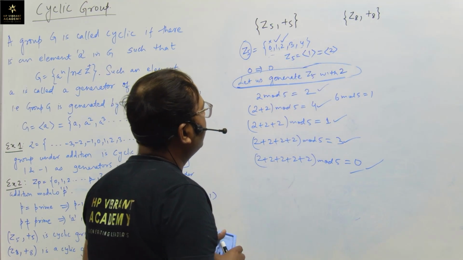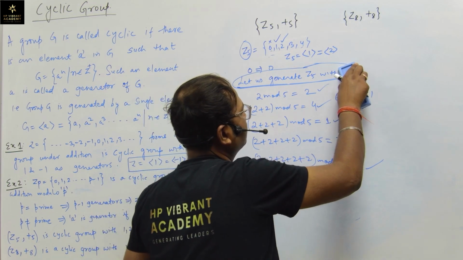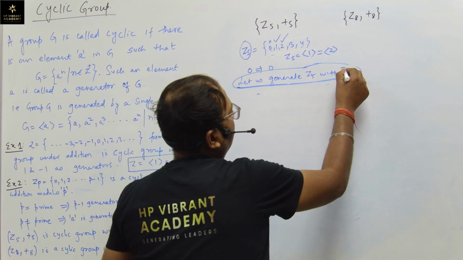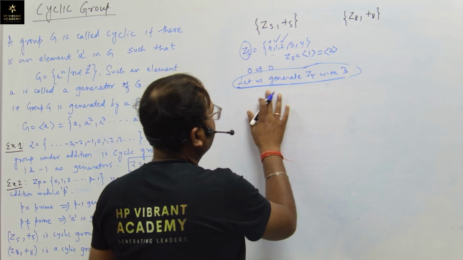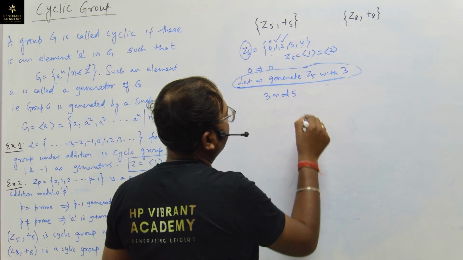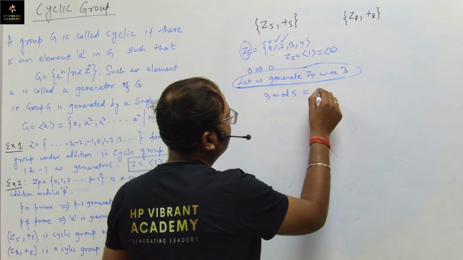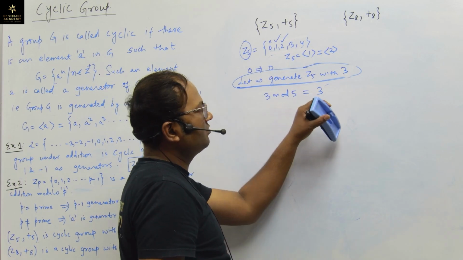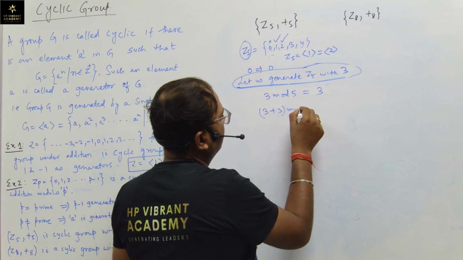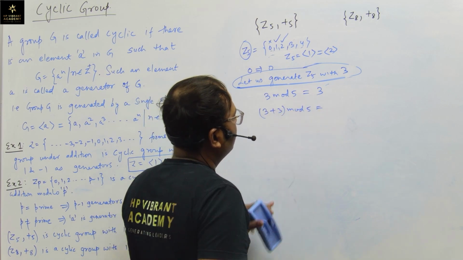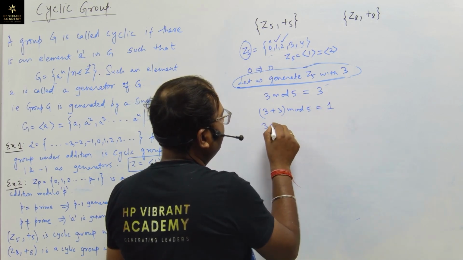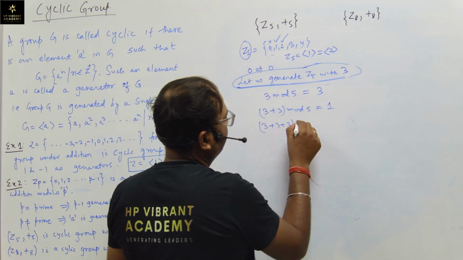Now let us generate Z5 with 3. So we have 3 mod 5. This is equal to 3. Now we have 3 plus 3 mod 5. This is 6 mod 5. So the remainder is 1. Now we have 3 plus 3 plus 3 mod 5.